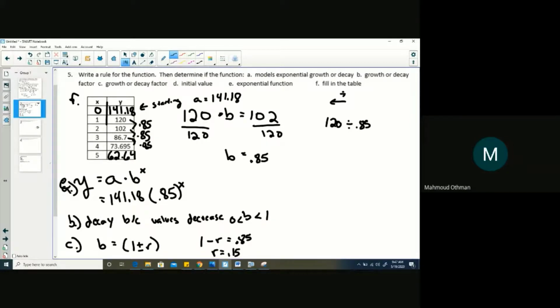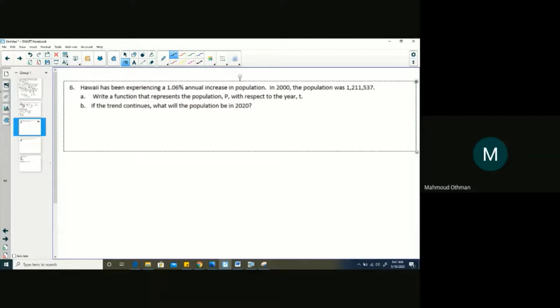Next, this one: Hawaii has been experiencing a 1.06% annual increase in population. In 2000, the population was 1,211,537 people. Write a function that represents the population P with respect to the year t. If the trend continues, what will the population be in 2020?